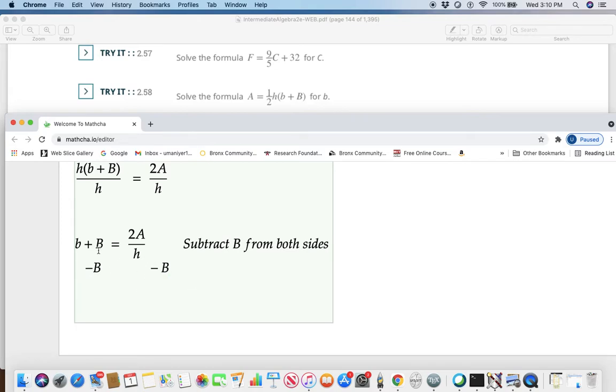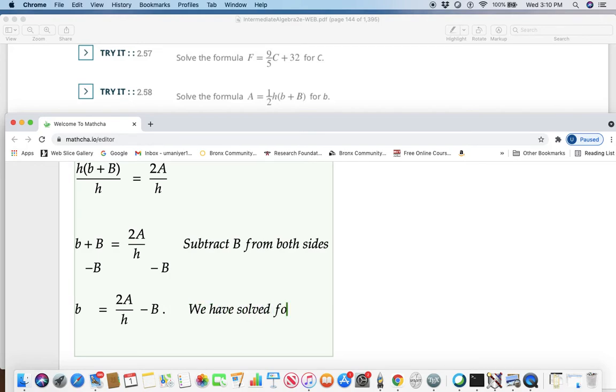These cancel. You're left with little b equals 2A over h minus B, and we have solved for little b.